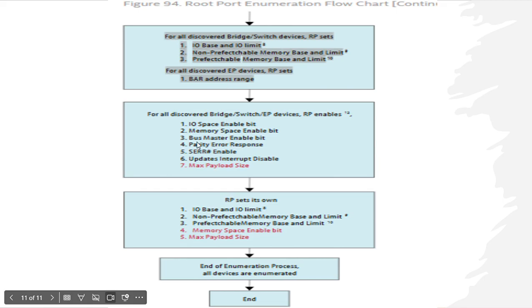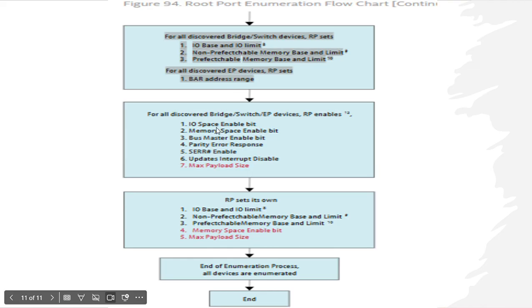Okay, after that you have to configure this register, which has the IO space enable bit, memory space enable bit, and bus master enable bit. The memory space enable bit means, if you enable this bit, our device, which is our endpoint, will issue the completions. It can generate the completions for the memory traffic.